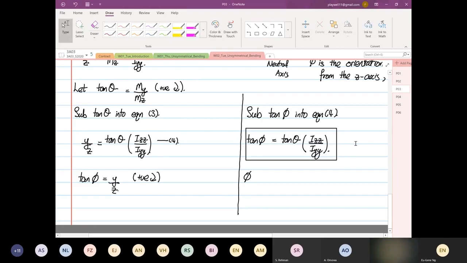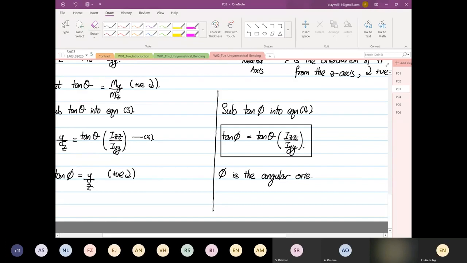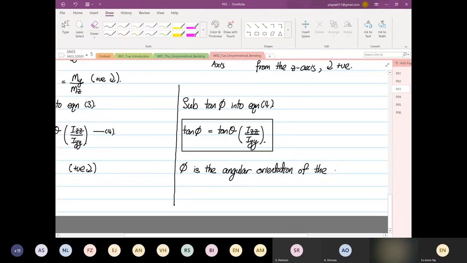What we see over here is that phi is the angular orientation of the neutral axis relative to the object axis.